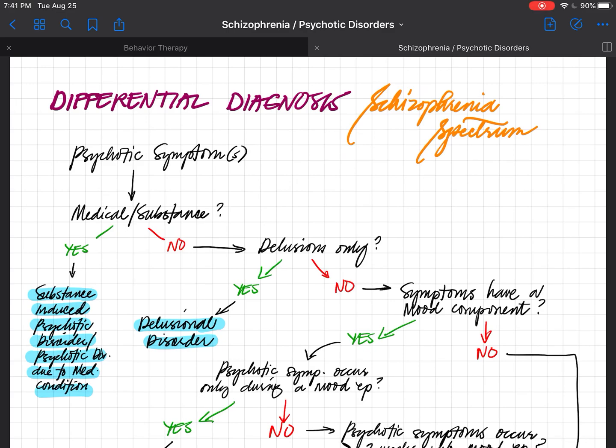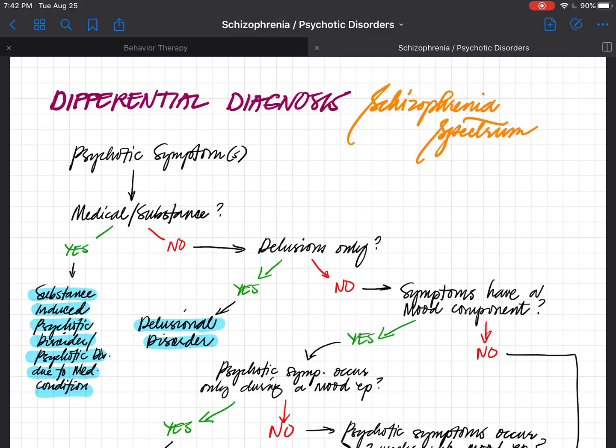Okay, so in hallucinations, it's either visual, you see things that do not exist, or it can be auditory, you hear voices that do not exist, other people cannot hear. So that symptom is something that is not unique to schizophrenia.